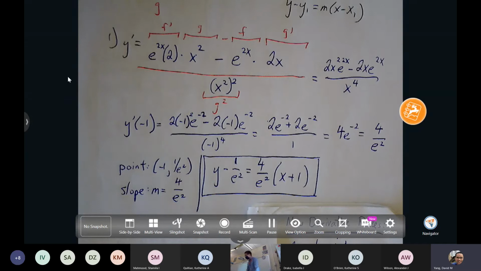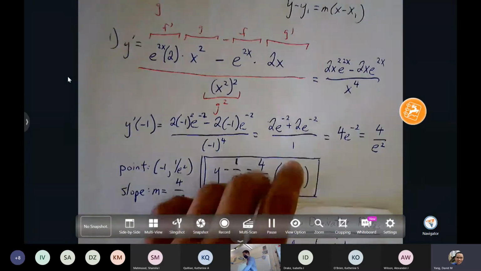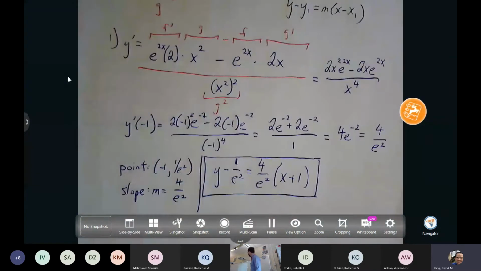Okay, let's go to number 1 on worksheet 2. Are we good here? Anybody still need to look at this?